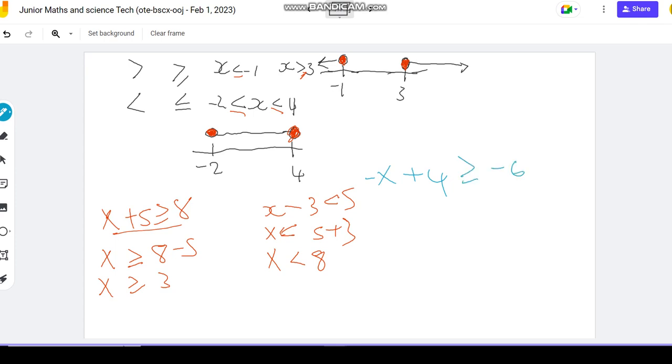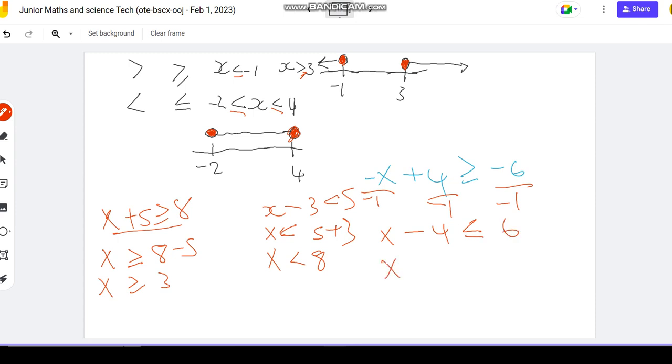So it means when we are changing here, it will say divide the whole equation by what? By a negative. So dividing the whole equation by -1, it means here you'll get x, and then you will get minus 4, and then less than or equal to 6.